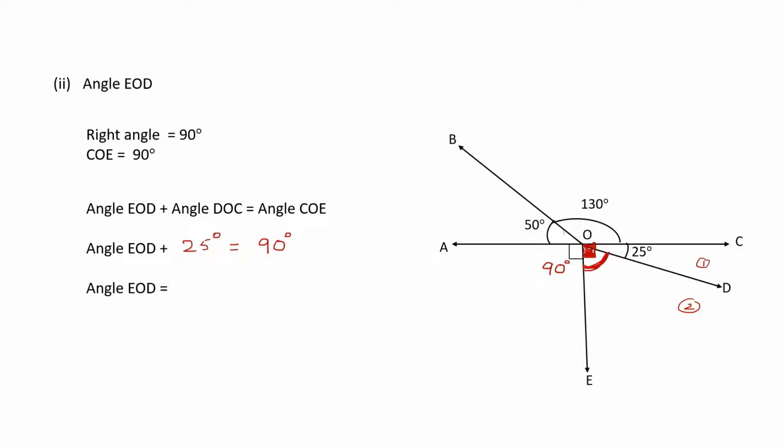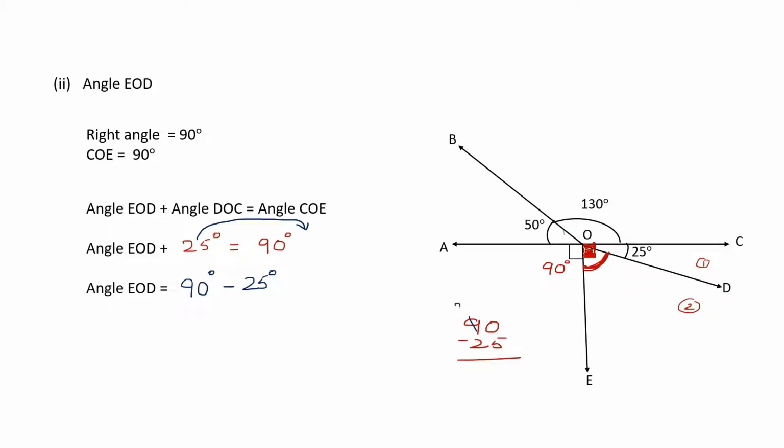So to find angle EOD, I have to move what is on the left hand side to the right hand side. So I get 90 degrees minus 25 degrees. So let's subtract that. 90 minus 25.